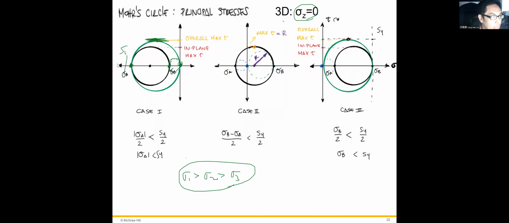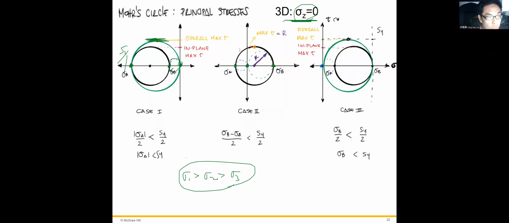Okay. So for the second case, sigma A, the maximum normal stress, the principal stress, has the opposite sign convention. Still, the z direction of the stress state equals 0 right here, and we still can plot three Mohr circles.